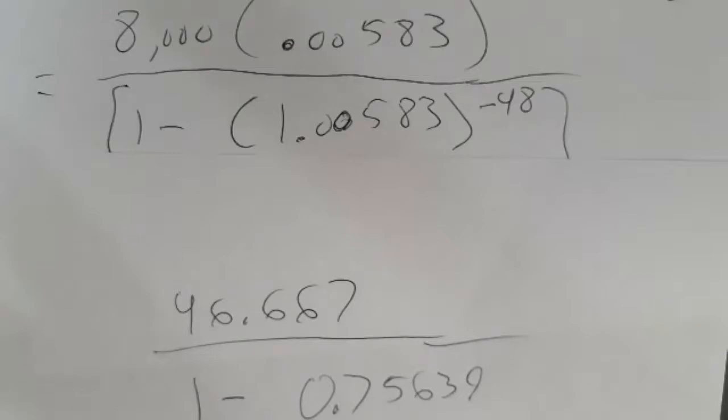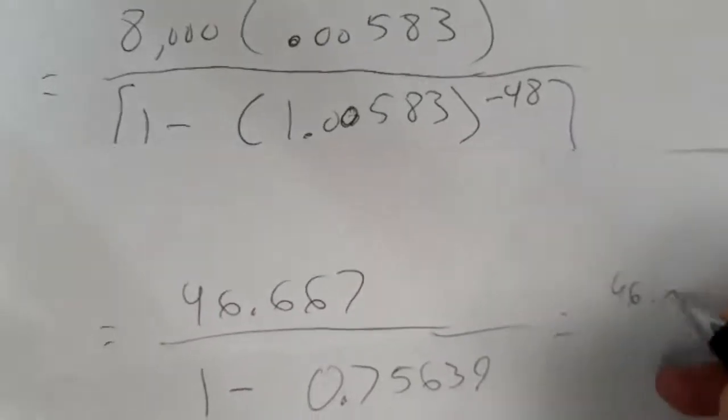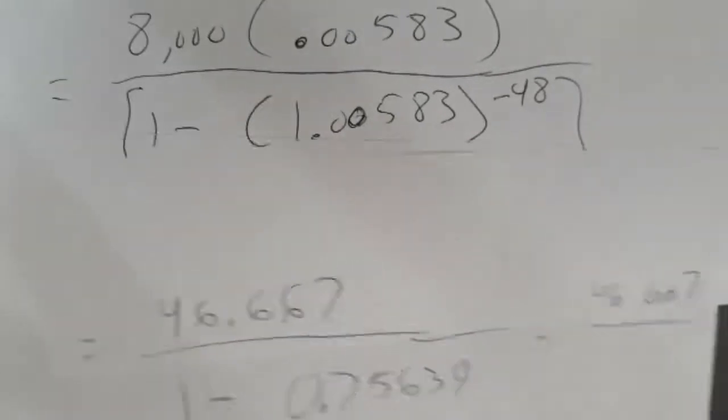And I want to do 1 minus this thing, which is going to give me something like 0.2436.